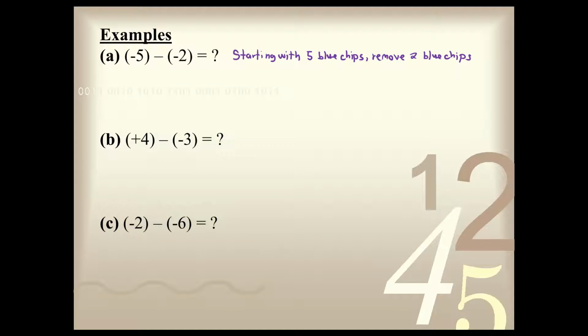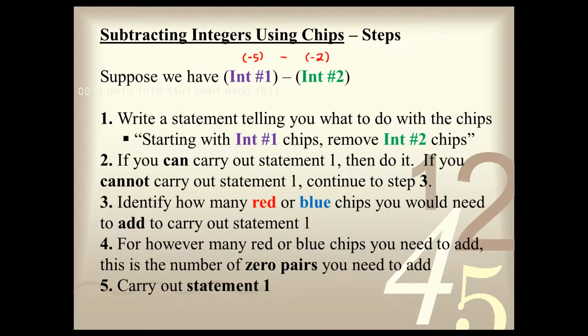So let's draw that. Get my blue chips in here. I've got 5 of them. So I'd have 1, 2, 3, 4, 5. Okay, so I've done step 1. Starting with 5 blue chips, remove 2 blue chips.